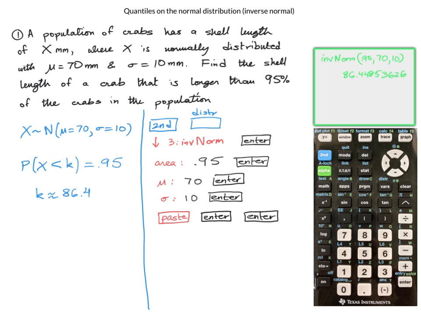So now let's address the idea of a quantile. This 86.4, or this value of k, is the quantile that we were trying to find. In this case, it's the 95th percentile that we were looking for. So 95% of crabs are shorter than this particular crab of 86.4 millimeters length.